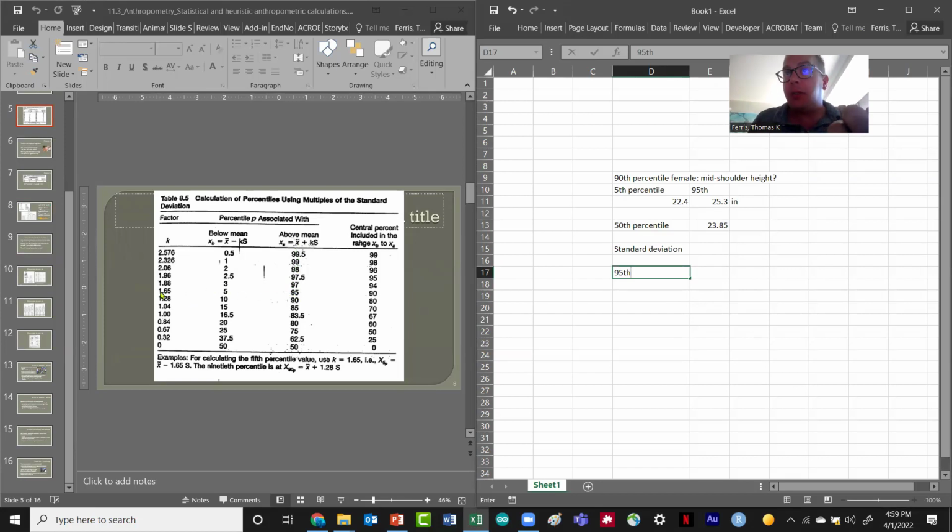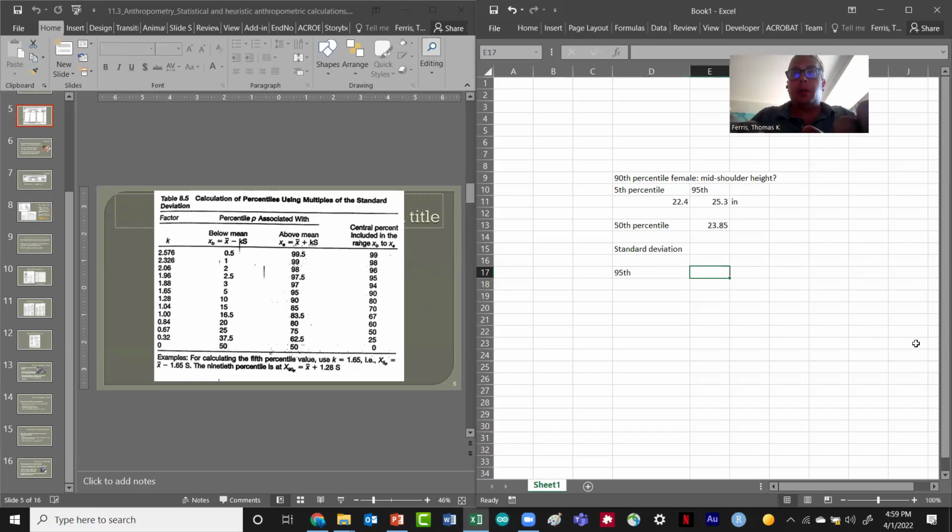It's 1.65. So we need to go 1.65 standard deviations from the mean to get to the 95th percentile, or from the mean to get to the 5th percentile. If I add or subtract 1.65 times our standard deviation, that will give us that value. So the only unknown we have right now is the standard deviation.